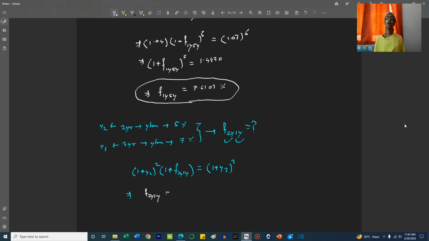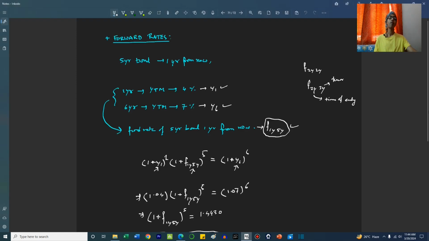So F2Y1Y comes to be 11.115%. Like this we can go on calculating forward rates for different tenors and for different entry points if we know the correct values to enter. This F1y5y, this F2y2y, F2y3y, these are all called implied forward rates.